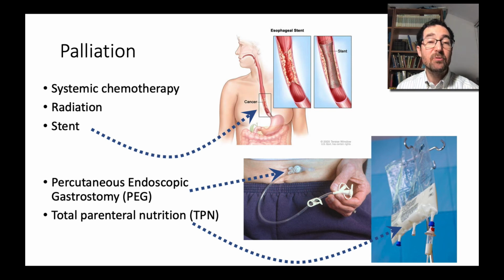In terms of trying to get calories to patients who can't swallow, you've basically got two options. One option is a PEG, a percutaneous endoscopic gastrostomy, which is a plastic tube that connects the stomach to the outside. Or you can give them food via the vein, which is called total parenteral nutrition, TPN. Let's talk about this for a few minutes. First of all, just be aware that once again, patients don't really say thank you for having either a PEG or TPN.